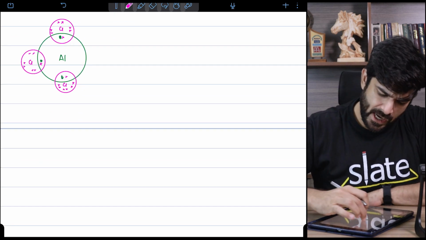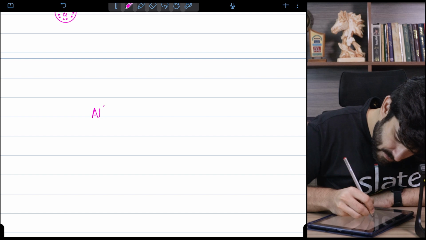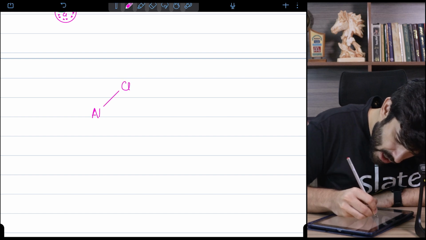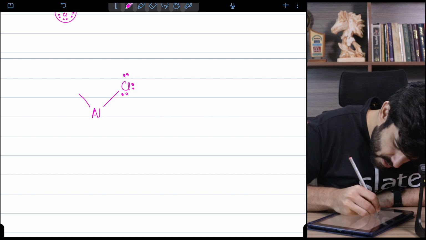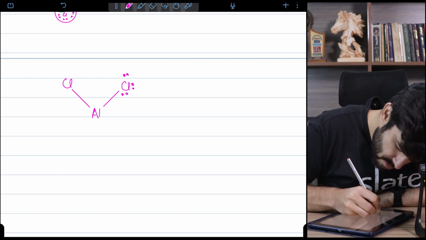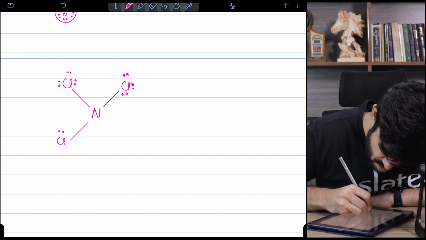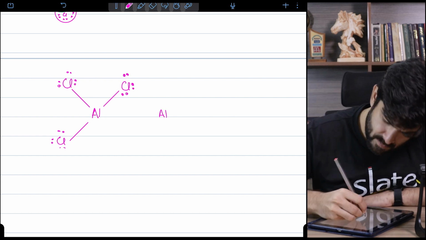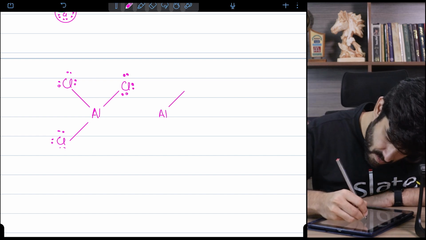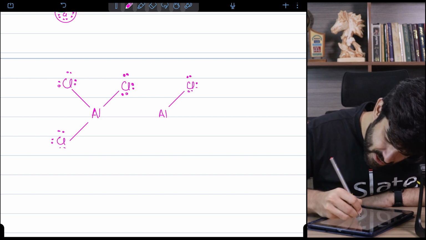So what happens at this high temperature? If I have one aluminum chloride, I'll show the lone pairs of chlorine. Then I have another aluminum chloride. So obviously 3 Cls.